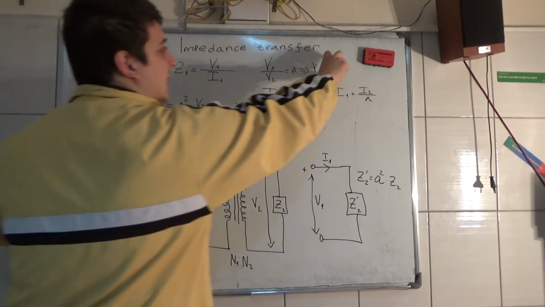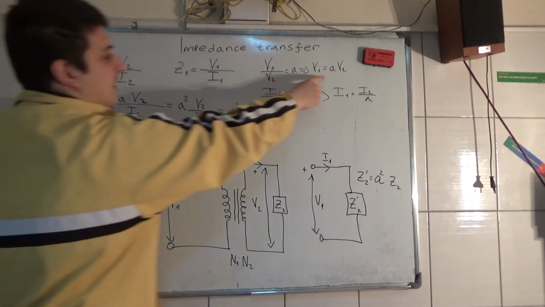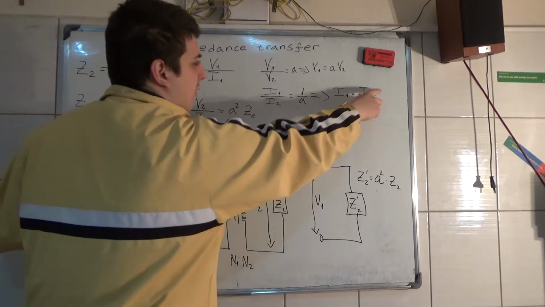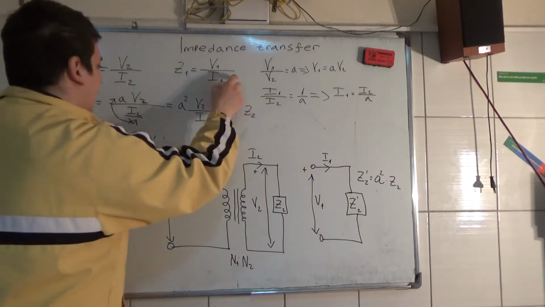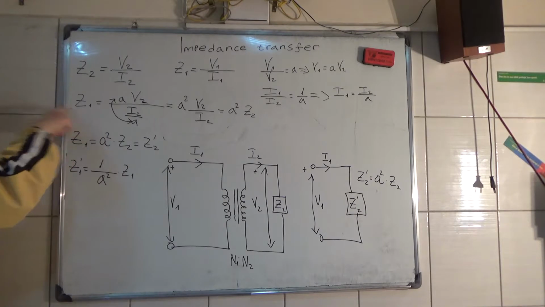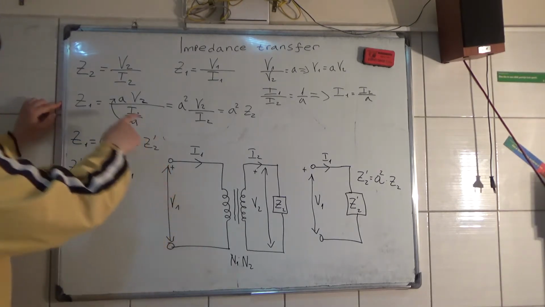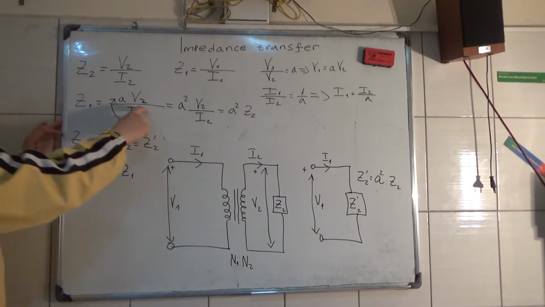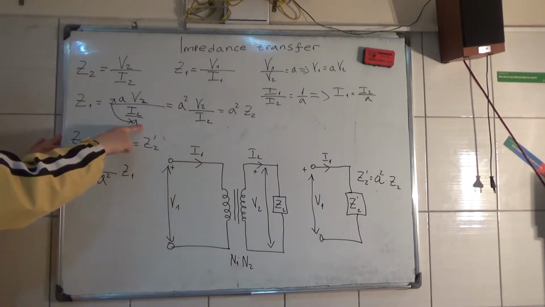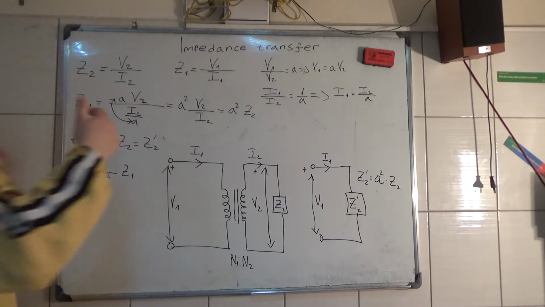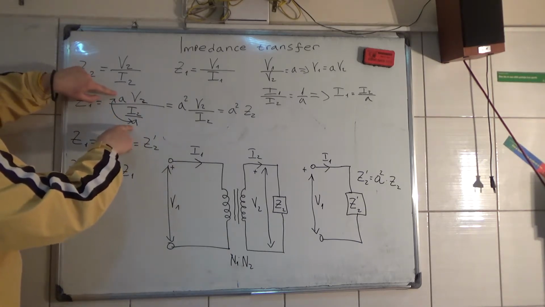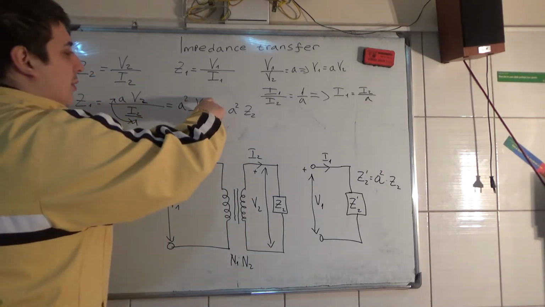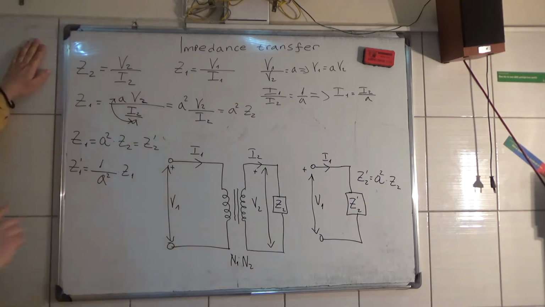Now if you put this here, that V1 is equal to A times V2, and that I1 is equal to I2 divided by A, you get that Z1, the input impedance, is equal to A times V2 divided by I2 divided by A. So this is a double fraction, and the A's are multiplied, and you get A squared times V2 divided by I2.